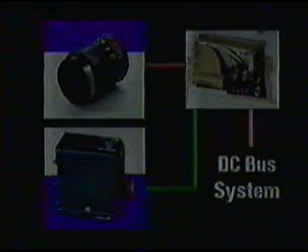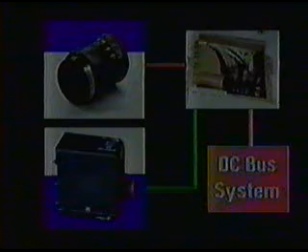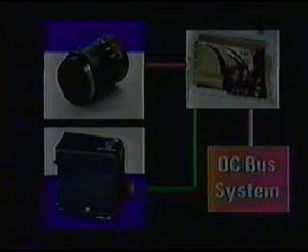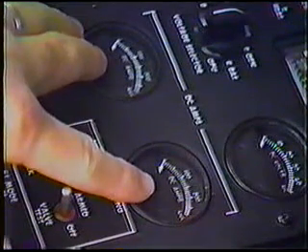The generator will now be connected to the aircraft bus. Because the bus system has many electrical consumers, or loads, that it is supplying, current produced by the generator will be supplied to the bus and then to the loads. The amount of current being supplied will be displayed on the respective ammeter.